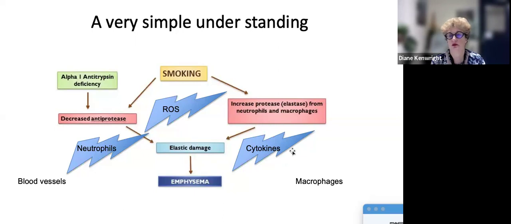They also recruit cytokines from macrophages. All these things give rise to an increase in protease, which further damages the elastic in the lung, leading to emphysema. It's very complicated. If you're at the live lecture, I'll spend time answering questions until you've got it in your head.